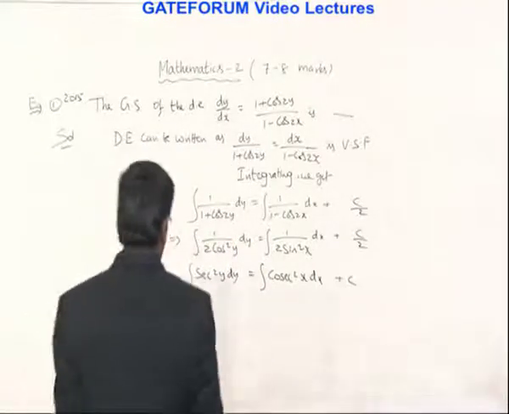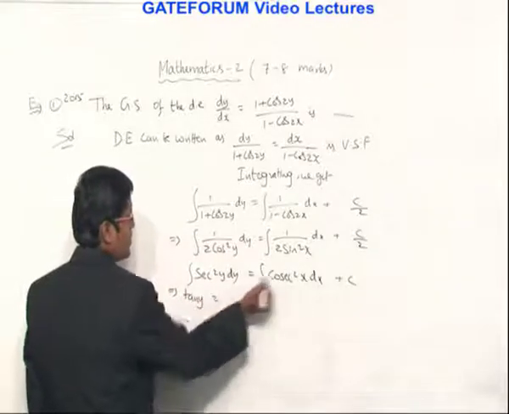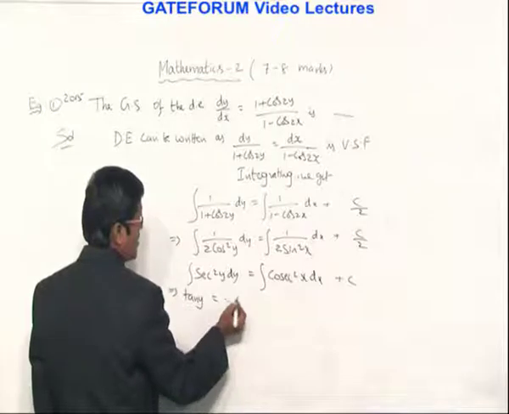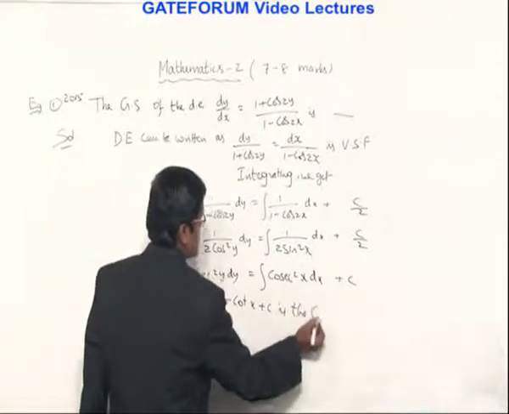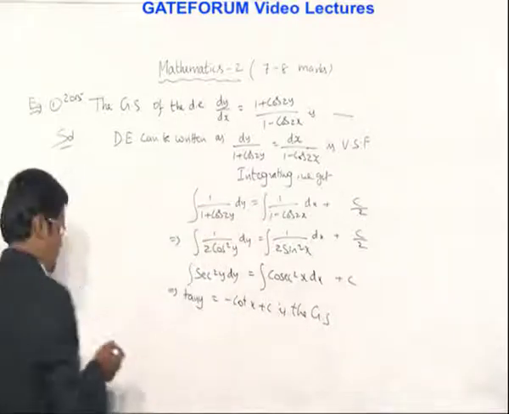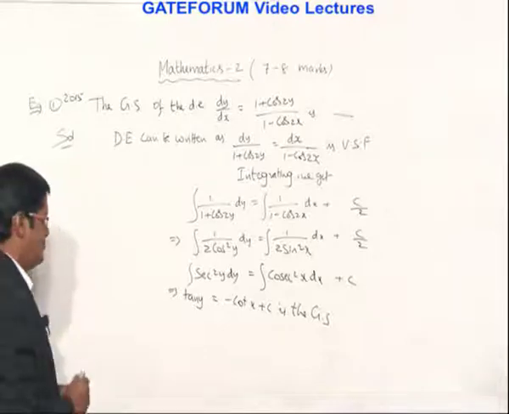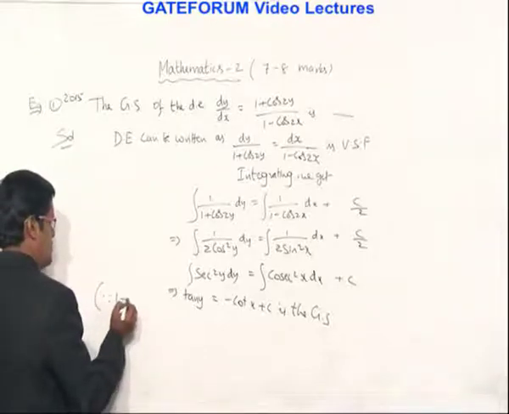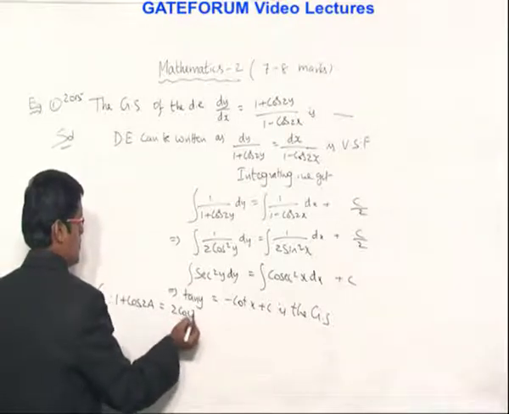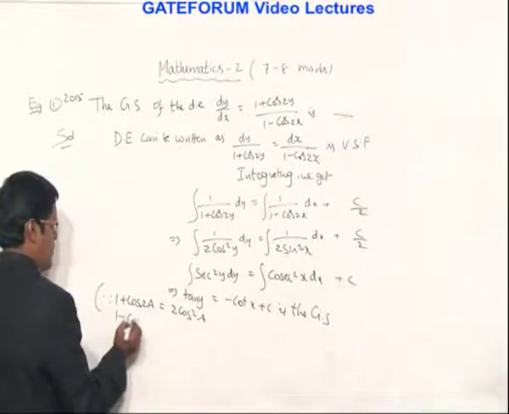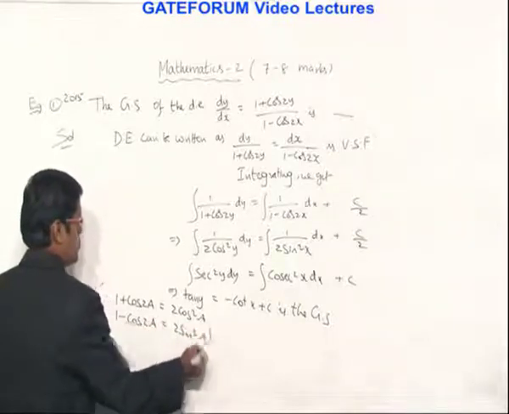Okay. So, integral secant square y is tan y. Integral cosec square x is minus cot x plus c, which is the GS, general solution. Since 1 plus cos 2a is 2 cos square a, 1 minus cos 2a is 2 sin square a.